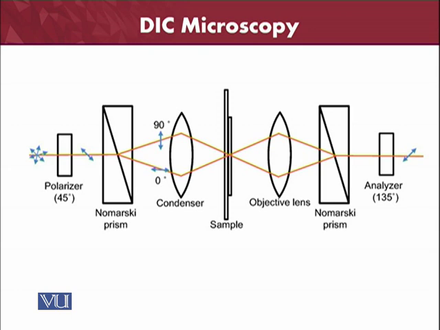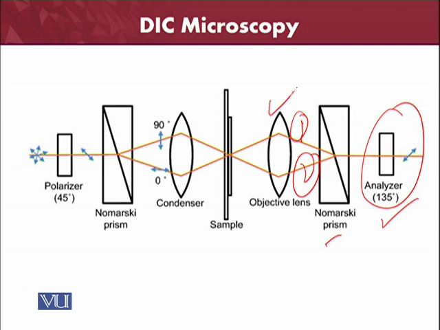Here is the structure of a differential interference contrast microscope. You can see the eyepiece here, where the person analyzing the specimen looks. Then the Nomarski prism, a special kind of prism, splits the light into two different beams. In other microscopes, the prism does not split the light into different beams.